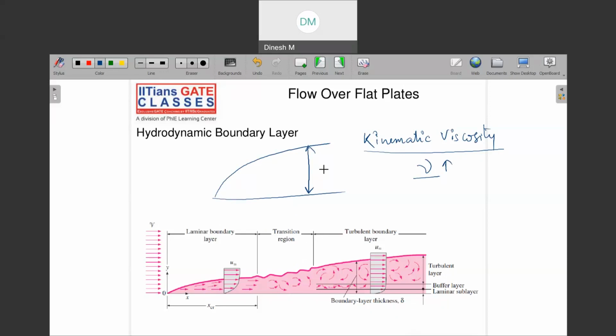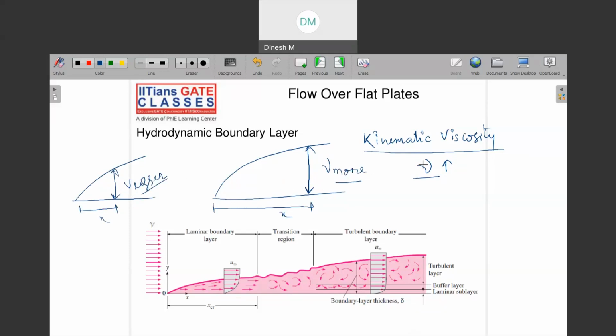Got the idea? So if I say that this is the nu and then there is one more nu, let us say this one, then for the same distance, like let us say this is X and this is also X, then if nu is more, then my boundary layer thickness will also be more. Like here your nu is lesser, that is why your boundary layer thickness is also less.